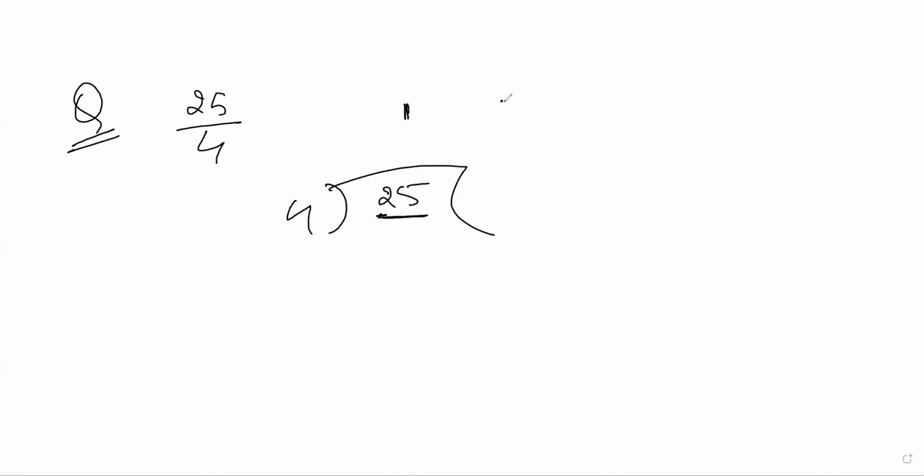I have 10 and I have to divide it by 4. Does 10 come in the table of 4? No. So what comes in the table of 4 before 10? 8. Okay. With what do I multiply 4 so that it gives 8? 2.